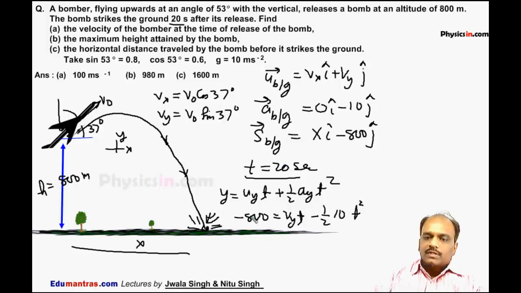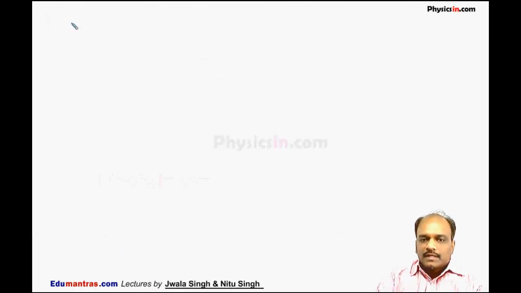Now we know t is 20, so substituting 20, minus 800 is equal to uy into 20 minus 1 by 2 into 10 into 20 square.